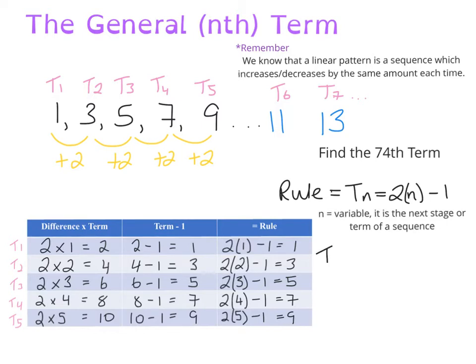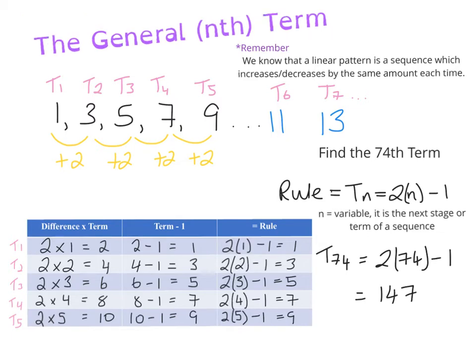So T of 74, and very similar to how we did it over here, we fill in 74 and solve. So T of 74 equals 2 times 74 take away 1. And now we apply our rules of BIMDAS. And when you do that, you will get 147.